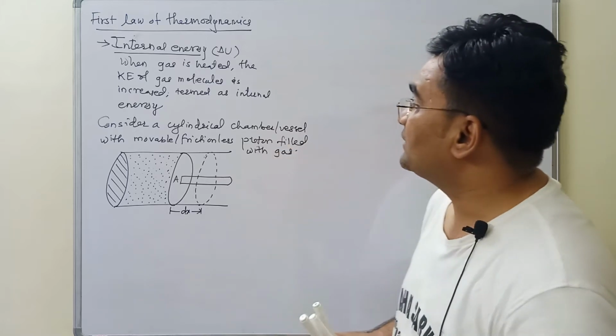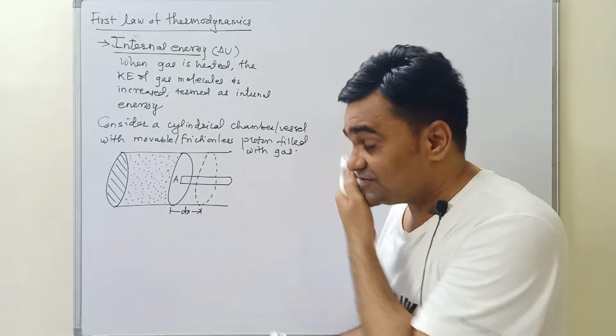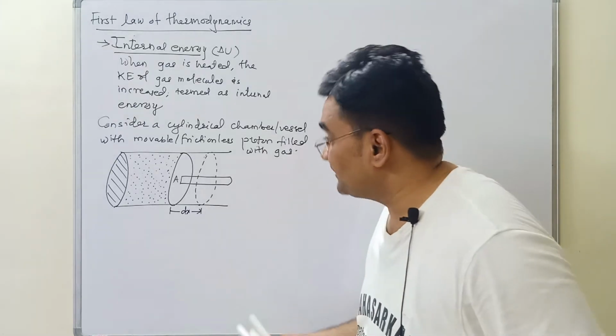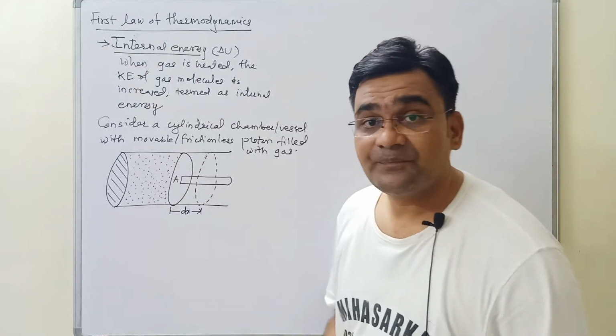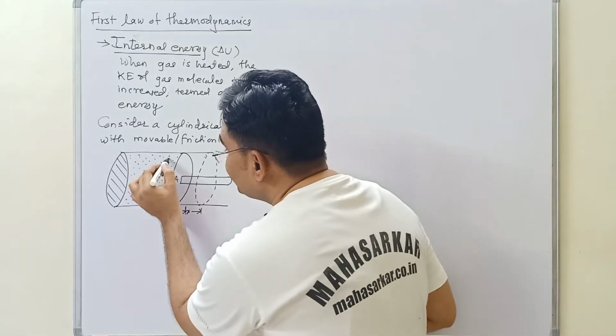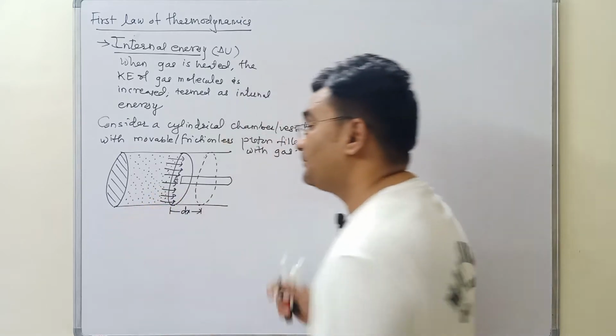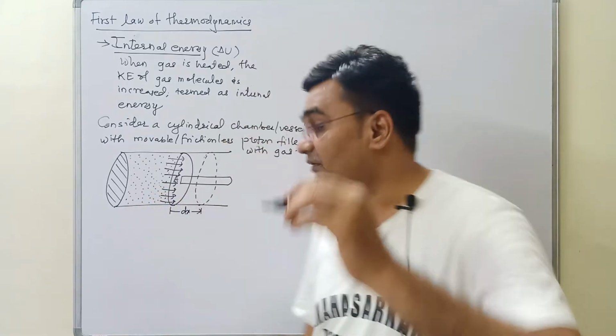There is a cylindrical chamber or vessel as shown in the diagram, as you can see, and it is filled with gas. Now we know that the gas molecules will consistently collide on the wall of this piston, on the entire surface area.